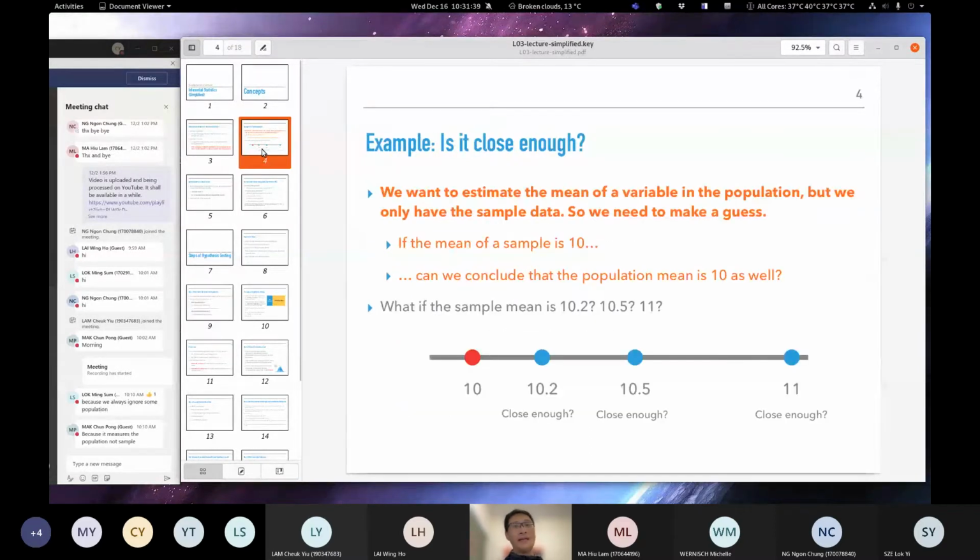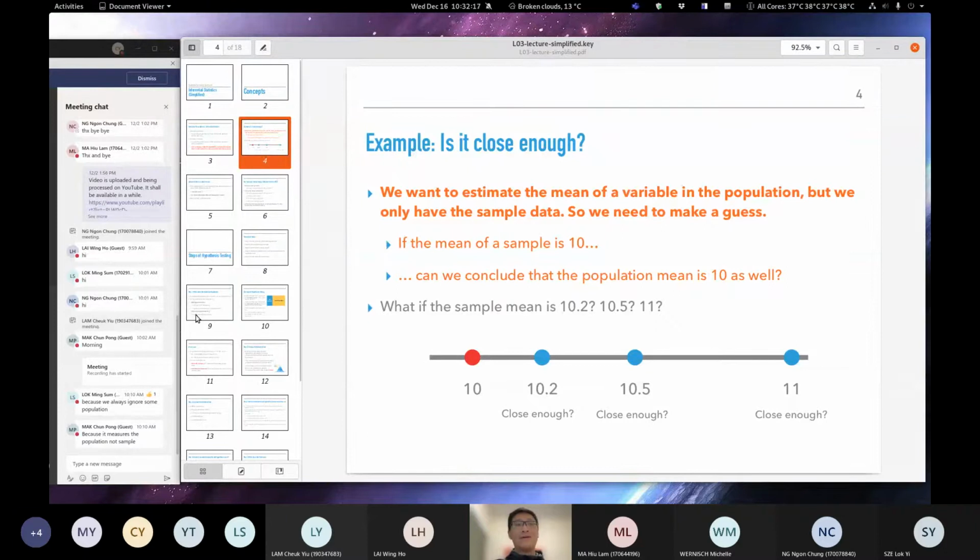So let's say in my example here, we try to see if the population mean is equal to 10. This is the question that we are asking. And in that case, the 10 here is the default value or the expected value. So the null hypothesis in this case will be that the population mean is equal to 10. It means nothing new. This is just following what I have expected or following the default value from the past.